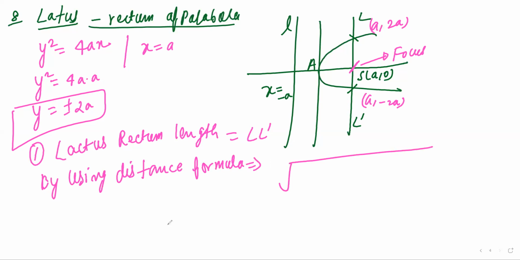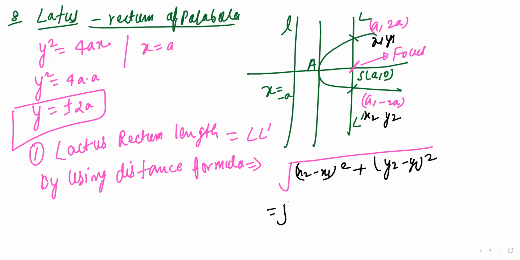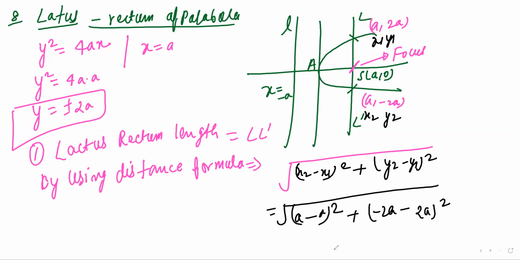so we will use this formula. This will be x1 y1, this will be x2 y2. So the distance formula is what? It is x2 minus x1 whole square plus y2 minus y1 whole square. So x2 is a and x1 is also a. So it is a minus a whole square plus y2 is minus 2a, that is minus 2a whole square.